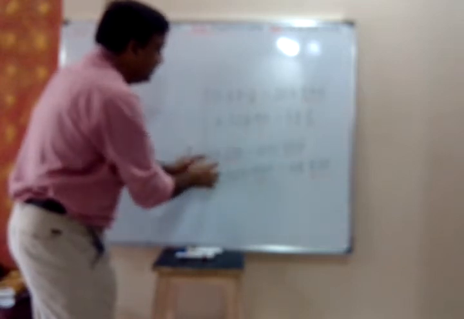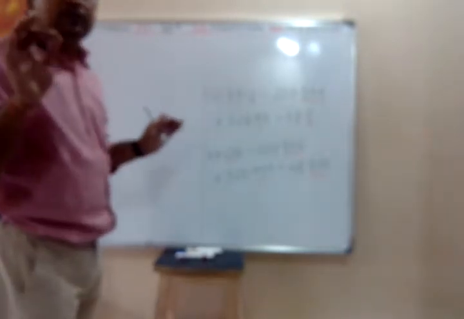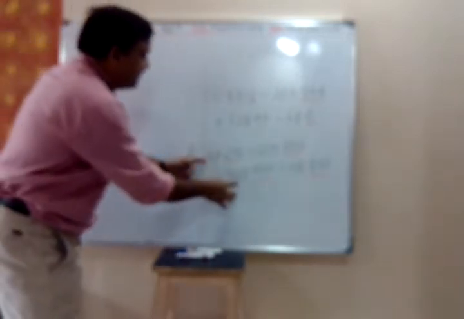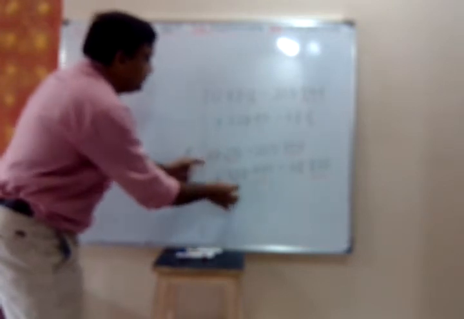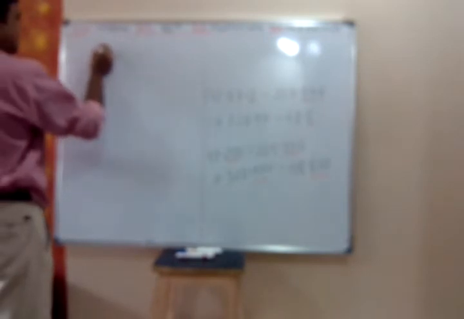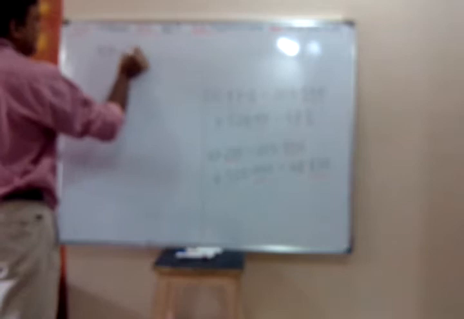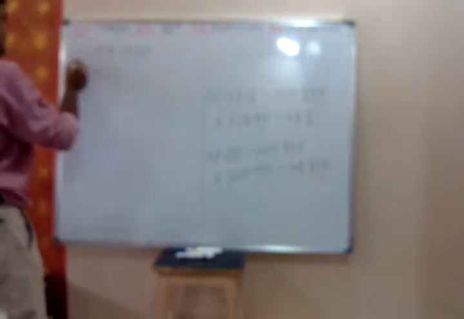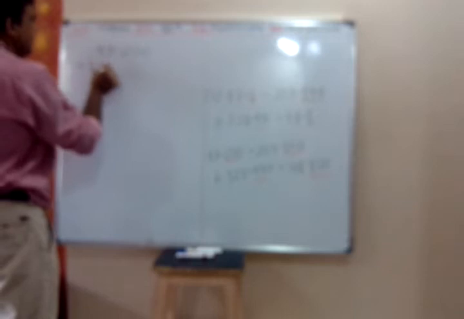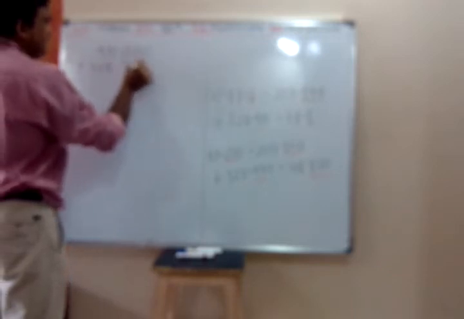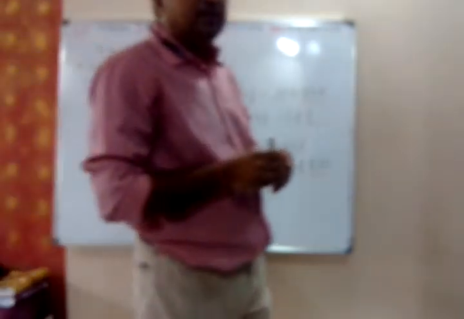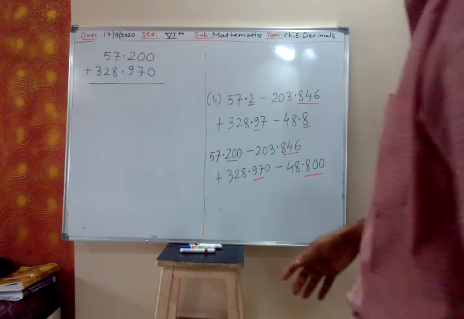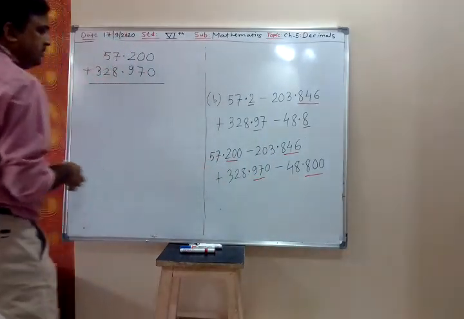To avoid that, first I add the numbers having plus sign: 57.200 plus 328.970. So now let us add them.